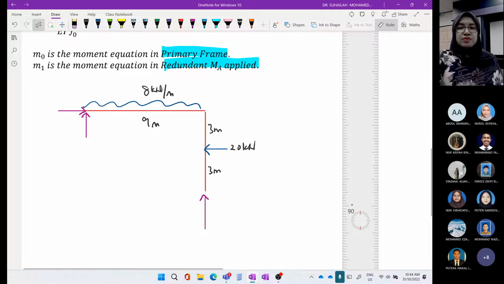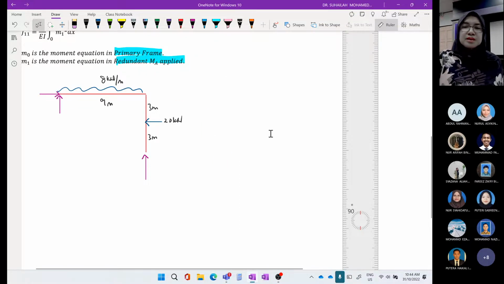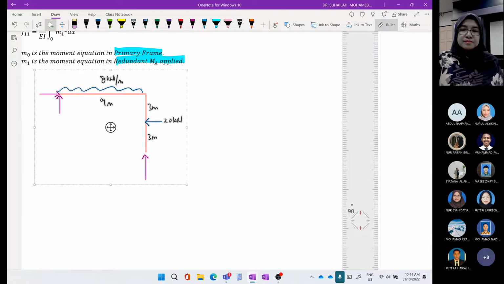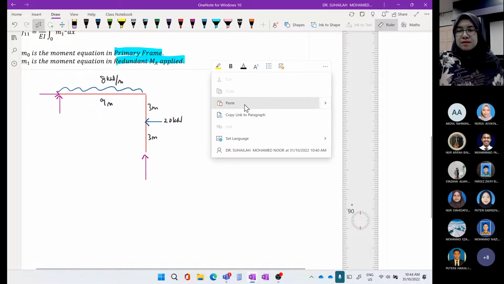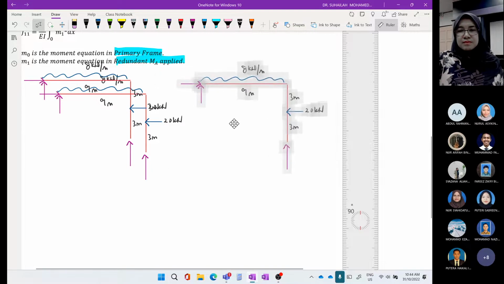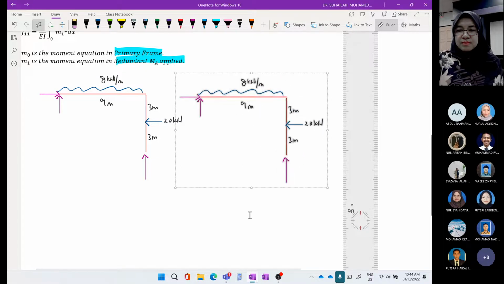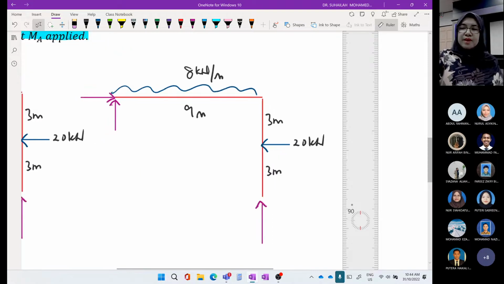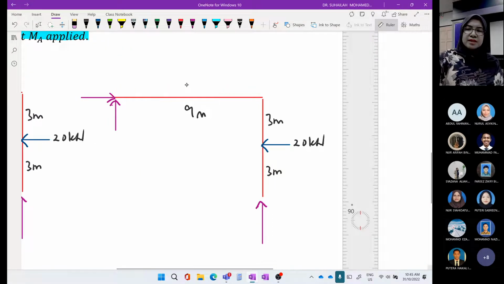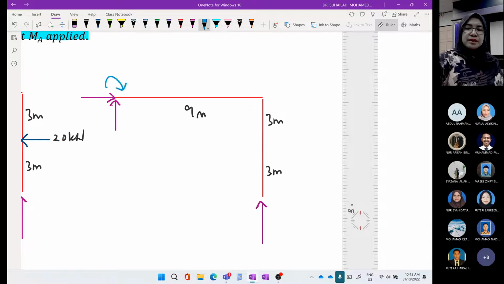So we have another one, the redundant frame. In the redundant frame, remove all external loading. Apply a unit moment.